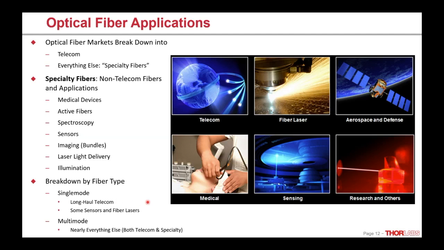So that would be, again, undersea cables running thousands of miles or kilometers from continent to continent, things like that. Also, it's used for certain sensors and certain fiber laser applications. And really, multi-mode is used for nearly everything else. That includes short haul telecom and a large number of specialty applications.